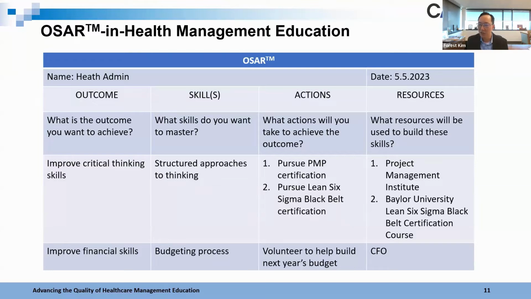So when I asked how can you improve, they already had the answer: I've already had this conversation with the CFO, and I'm going to volunteer to help build next year's budget. A very collaborative approach to competency development as they move forward in their careers.